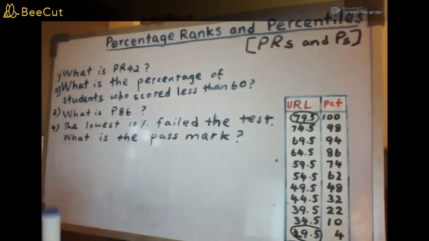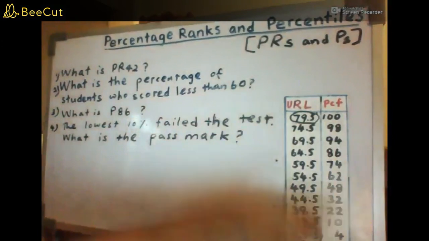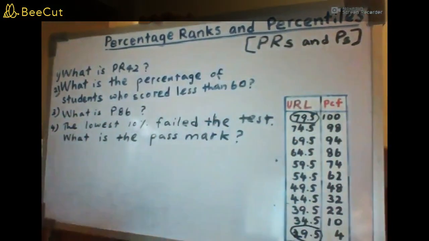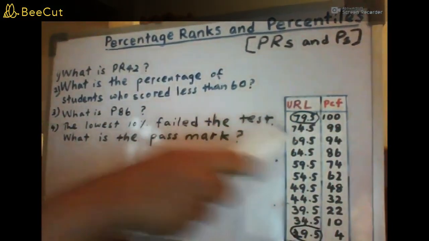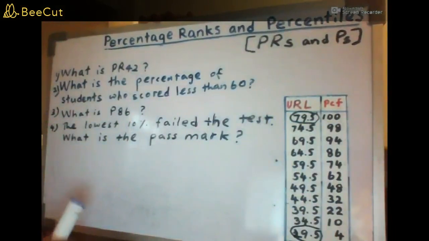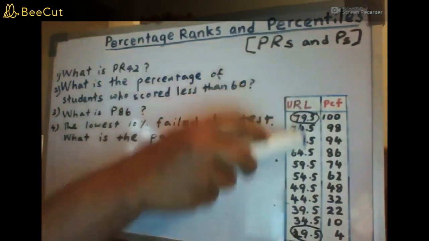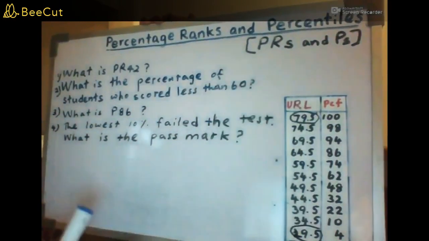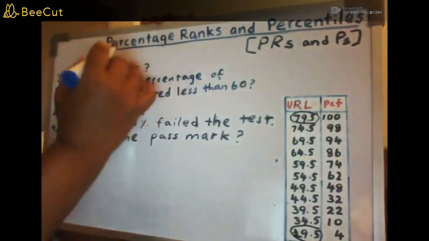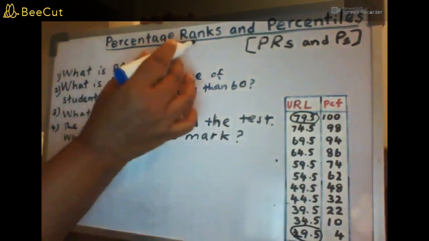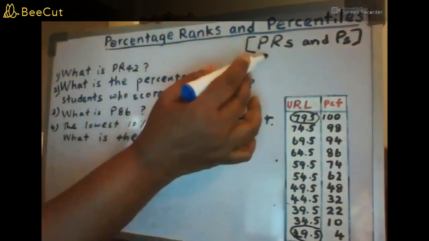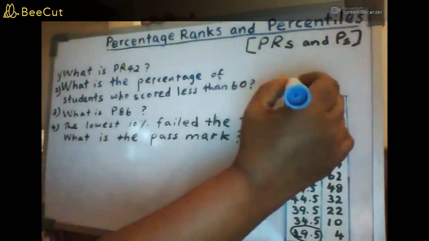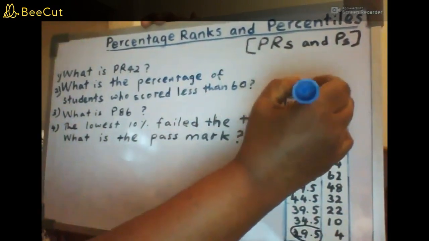Once you have taken these two columns, go to these upper real limits. What are these upper real limits? They are marks. On this marks column, you write percentage ranks. What's the shortened form? PR. Here you write PR.